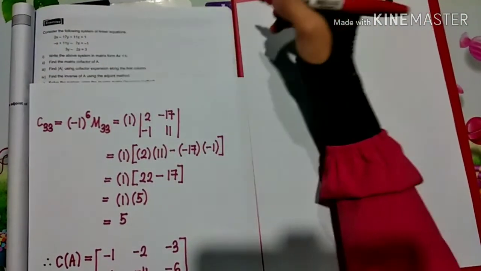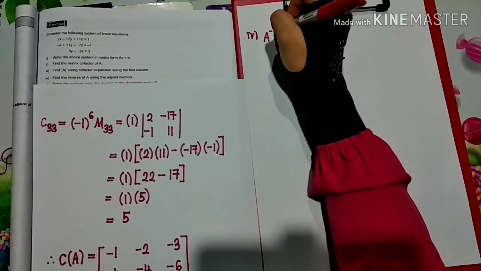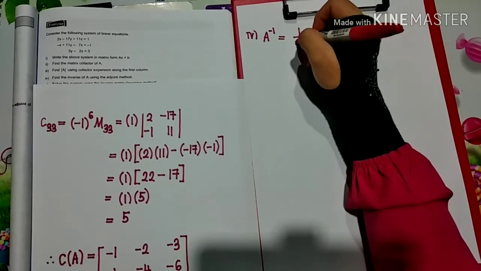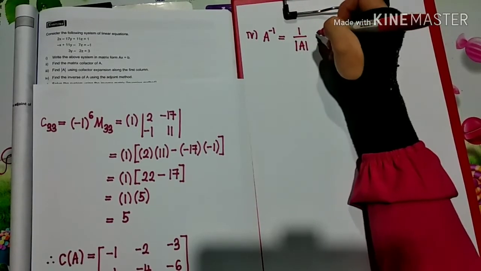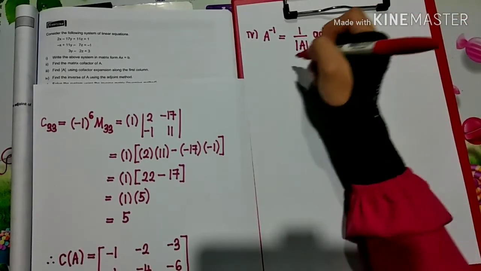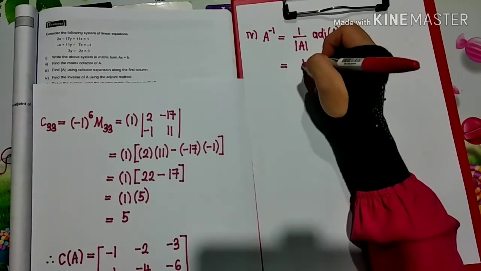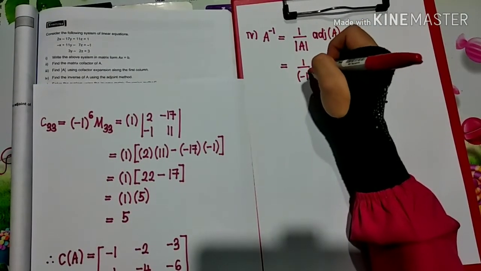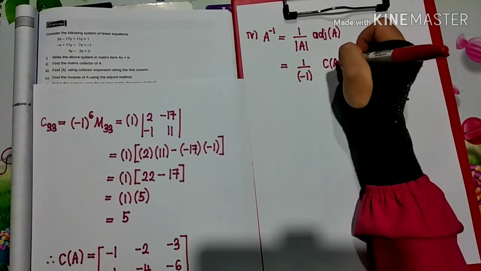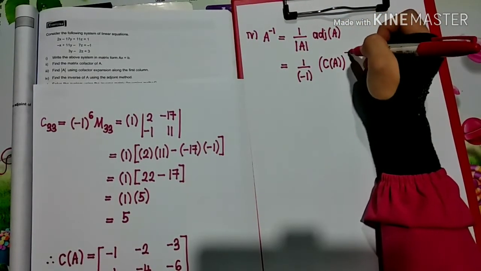Question number 4, the question asks you to find the inverse of A using the adjoint method. So, the formula here will be 1 over determinant of A multiply with the adjoint of A. The determinant of A equal to negative 1. And the adjoint of A will be the cofactor of A from question number 2 and then we transpose it.